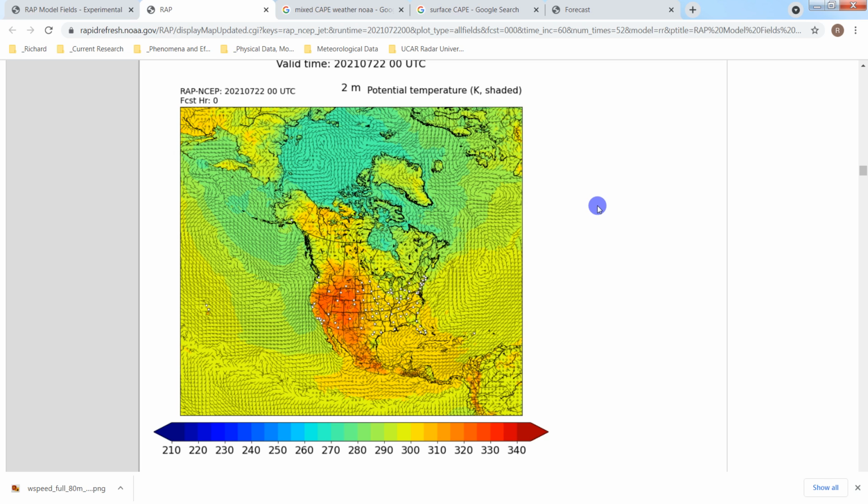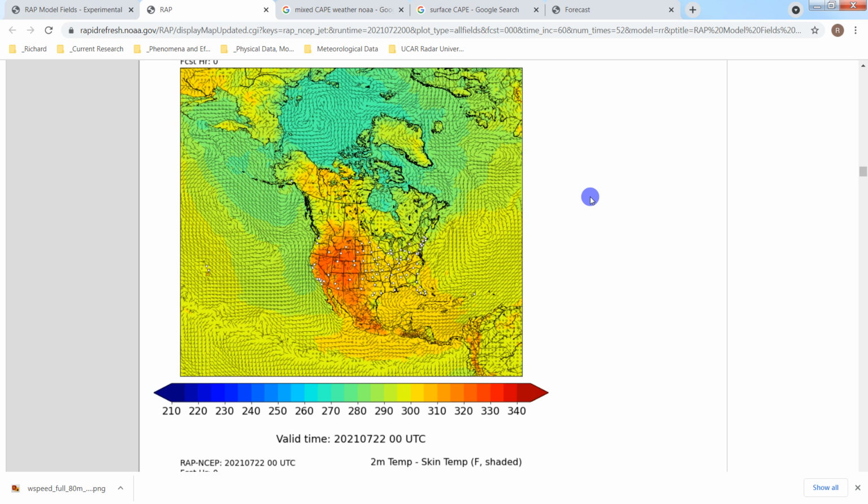Potential temperature. Okay, that's fine. Presumably they converted their joules per kilogram into Kelvin. So Boltzmann's constant, a couple of standard things. You get 300 Kelvin.